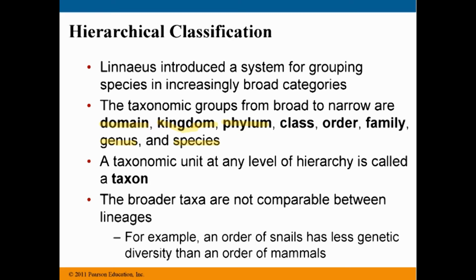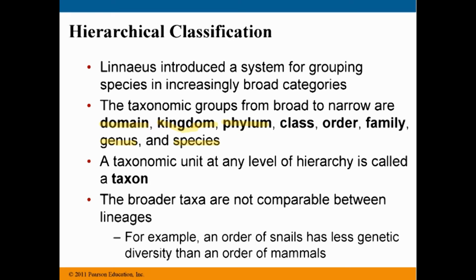So mostly domain, kingdom, phylum, genus, and species is what we will focus on, but you do need to know the entire classification scheme: domain, kingdom, phylum, class, order, family, genus, and species.